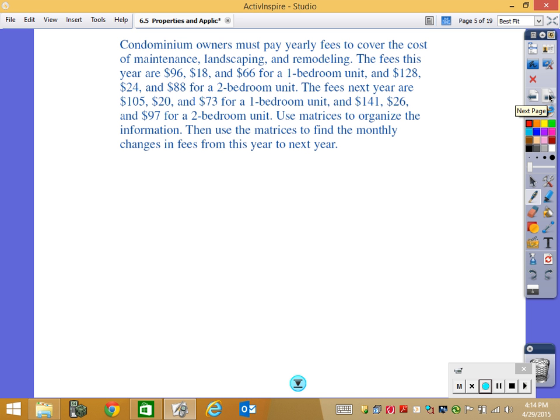Let's apply matrices to a life problem. We have a condominium owner that paid yearly fees to cover the cost of maintenance, landscaping, and remodeling. The fees this year are $96, $18, and $66 for a 1-bedroom, $128, $24, and $88 for a 2-bedroom.